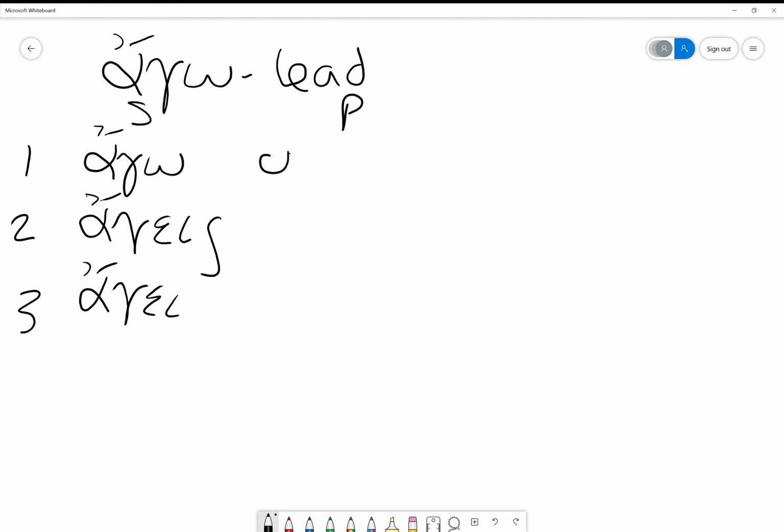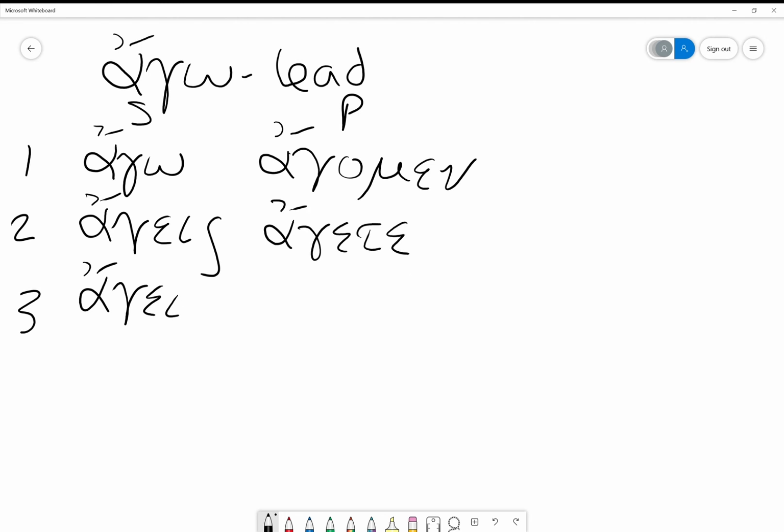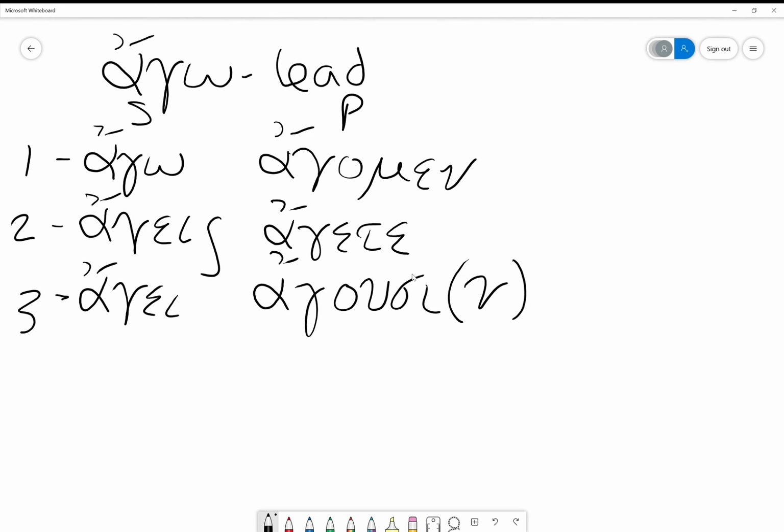Plural: agomen, agete, agousi, or movable nu. So we have I lead, you, one person, lead, and then he, she, or it leads. We lead, you all lead, they lead.